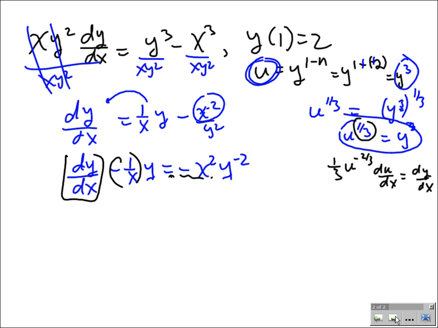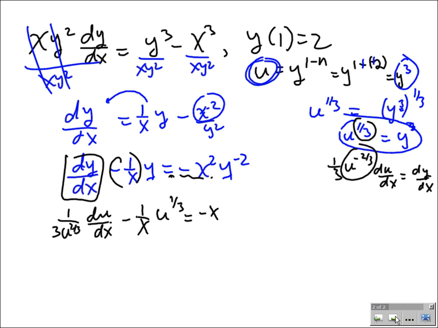So this piece becomes 1 over 3 u to the 2/3. I can put this in the bottom as u to the 2/3 du dx minus 1 over x times y, where y is u to the 1/3, is equal to negative x squared.